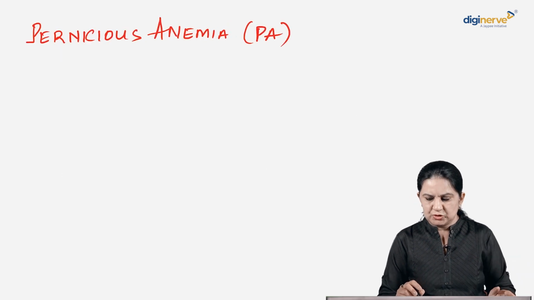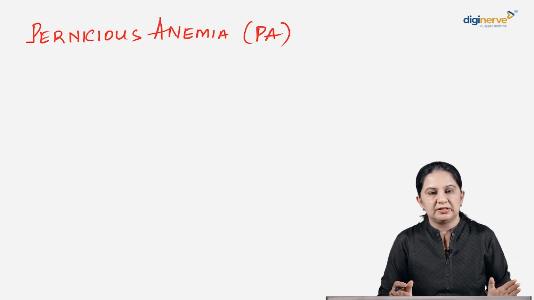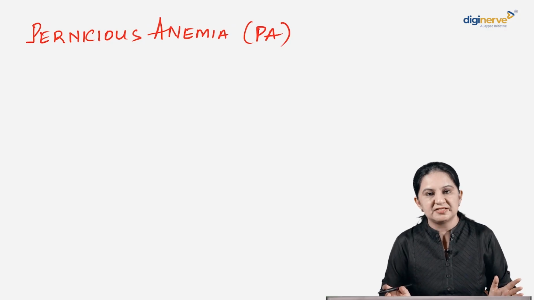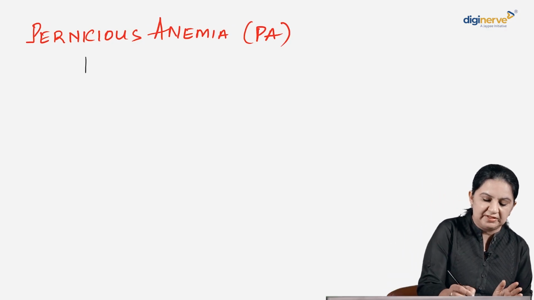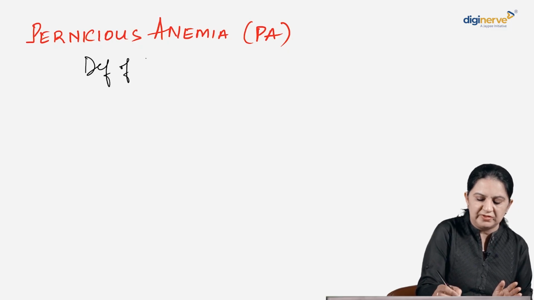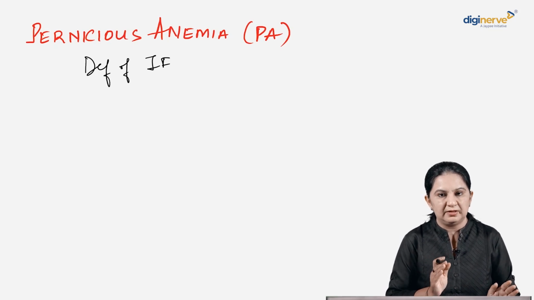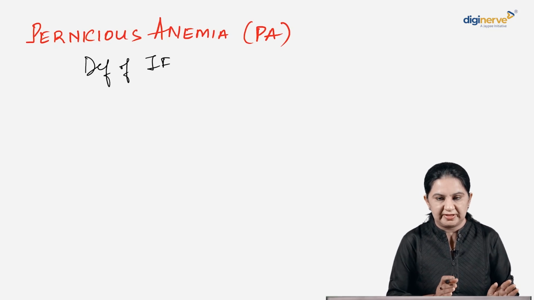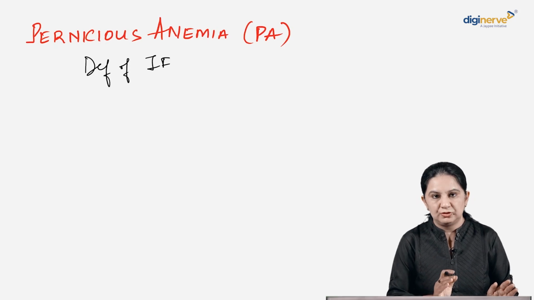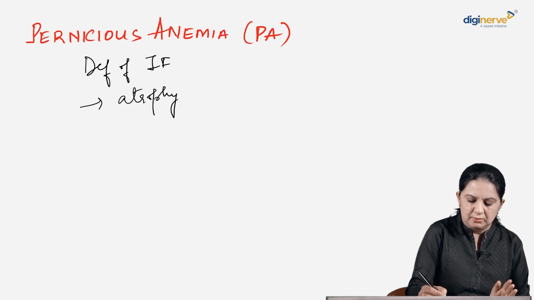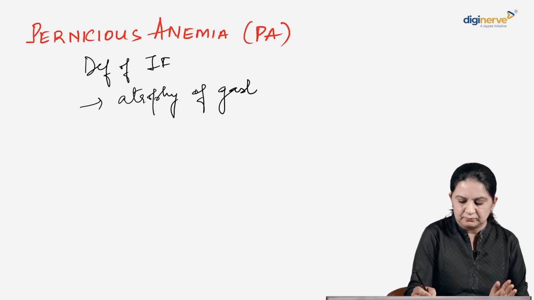Alright. So, we also come across the term pernicious anemia. Pernicious anemia is also megaloblastic anemia, but it is specifically due to deficiency of intrinsic factor. There is no nutritional deficiency of vitamin B12, but because of the defect in intrinsic factor, vitamin B12 is not absorbed. The cause is probably atrophy of gastric mucosa.